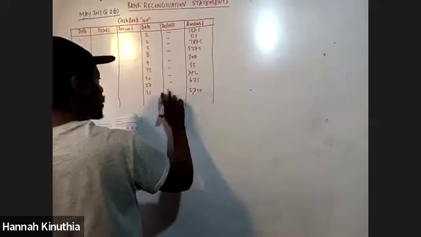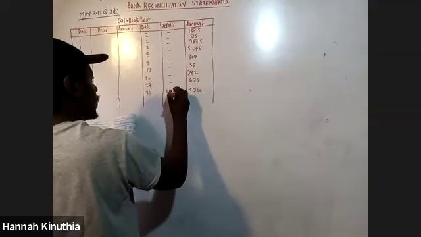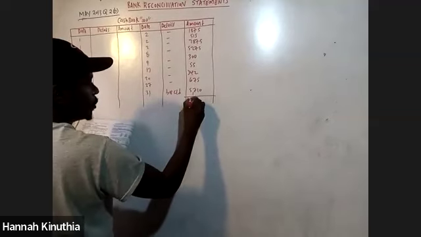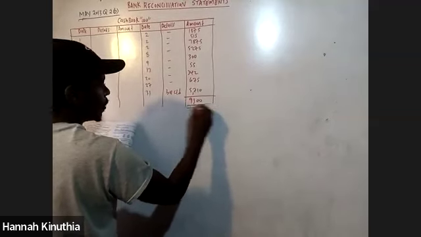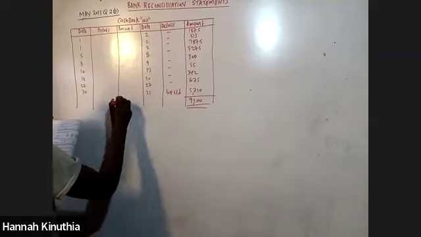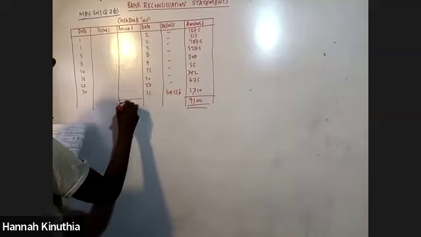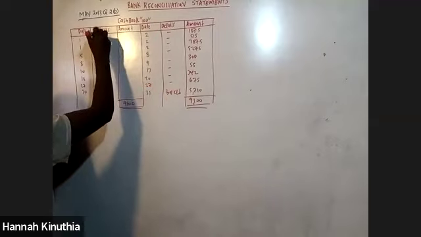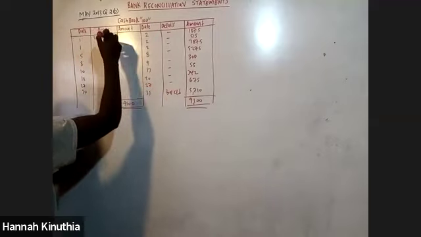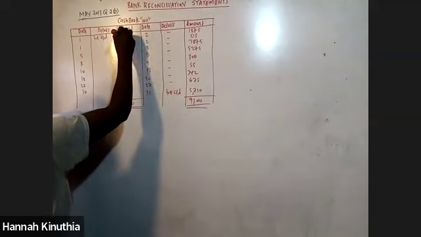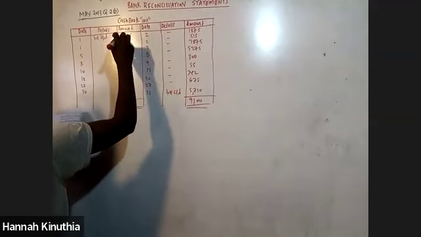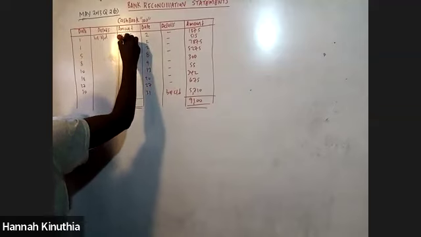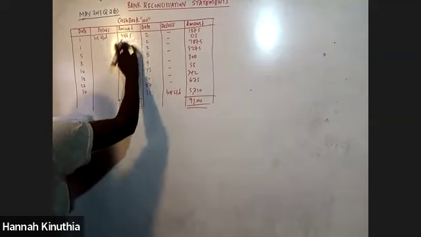57, 10. So this one is balance carried down. Itaandika balance carried down. Then total is 9100. 9100. So hii lazima niandike balance brought down, nitaandika 1465. Then we have 622.5.